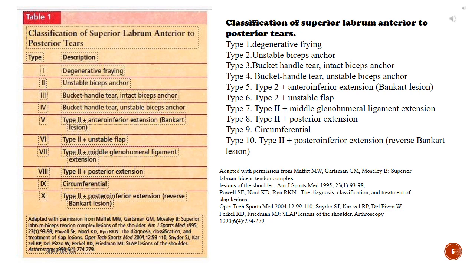Operative Techniques in Sports Medicine 2004 12:99 to 110. Snyder S.J., Karzel R.P., Del Pizzo W., Ferkel R.D., Friedman M.J., SLAP lesions of the shoulder. Arthroscopy 1990. 6-4. Pages 274 to 279.